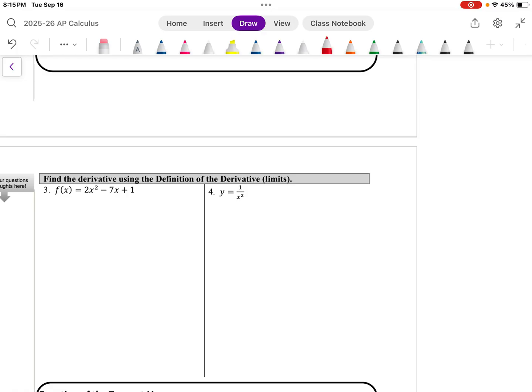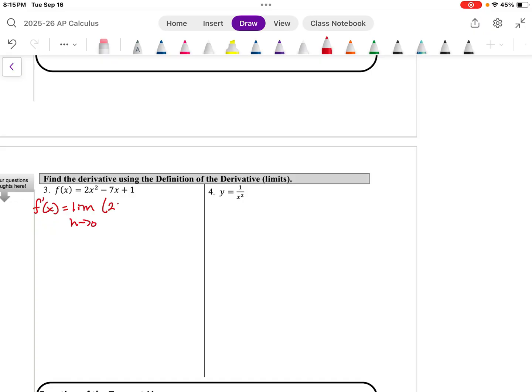And I'm going to try to be very careful as I go through doing things by the definition of the derivative. So they say find the derivative. My goal is to find out what f prime of x is. Well, I know that is equal to the limit as h approaches 0. Now what I'm supposed to do is take my original function and put x plus h in for all the x's.